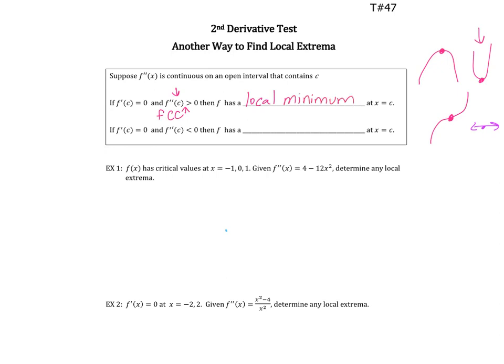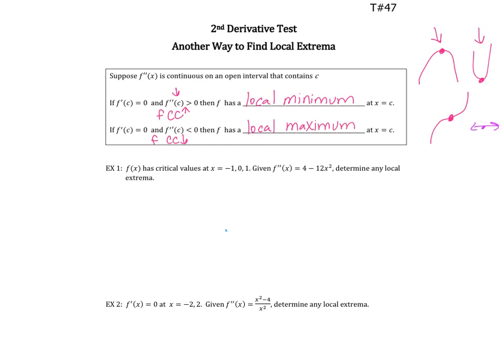at x equals c. If the first derivative is 0 and the second derivative is negative, then f has to be concave down. So visualize concave down, then f would have a local maximum at x equals c.